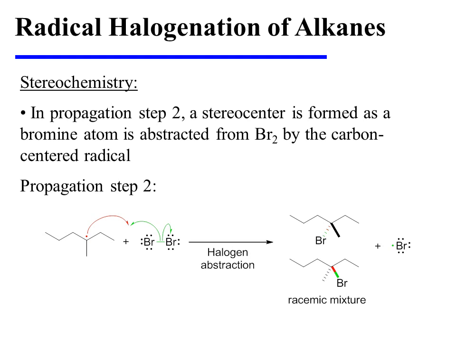During propagation step 2, the radical abstracts a bromine atom from Br2, and during this step, a stereocenter is formed. Since the radical has trigonal planar or flat geometry, the bromine atom can add from either side, yielding a racemic mixture of products in this instance.